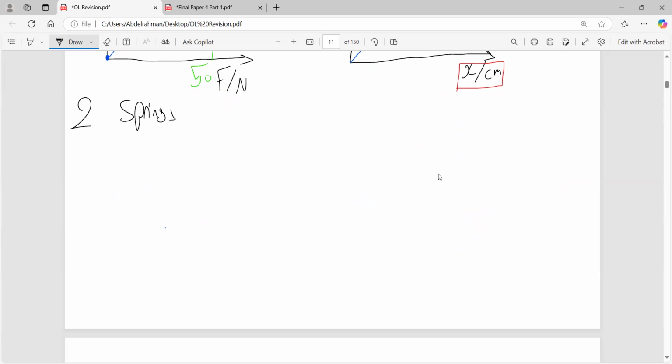What happens if they are in series? This is the first spring and then this is the second spring, and I add a force of, let's say, 10 newtons. Then if I have another case of these springs being in parallel, these springs are in parallel.